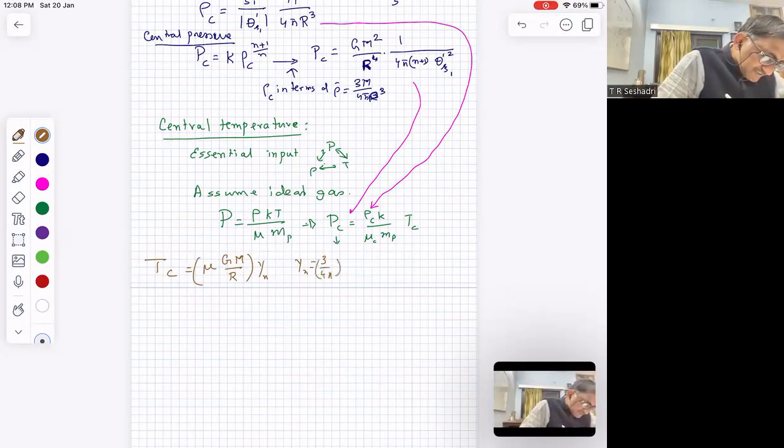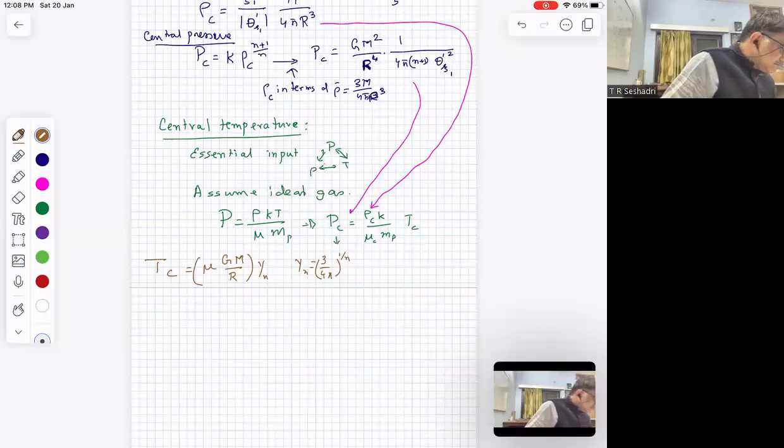This you have to calculate and see, just for completeness I'm writing it here. There is a quantity, what is H?